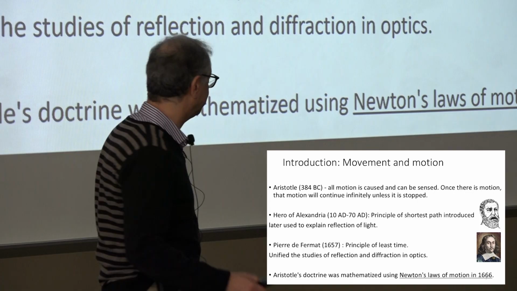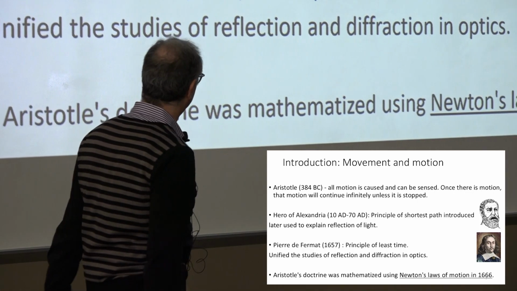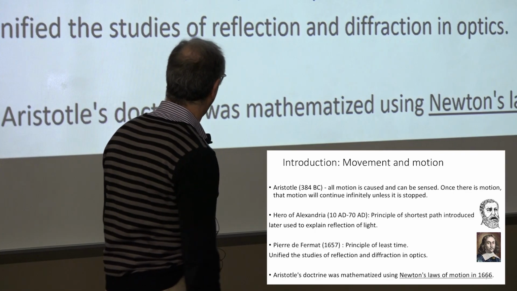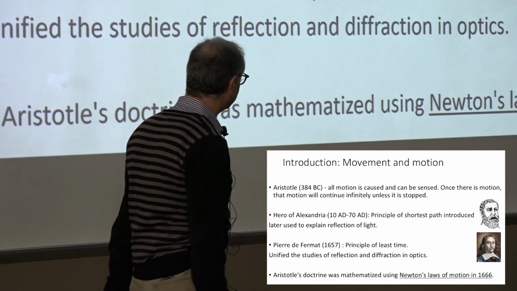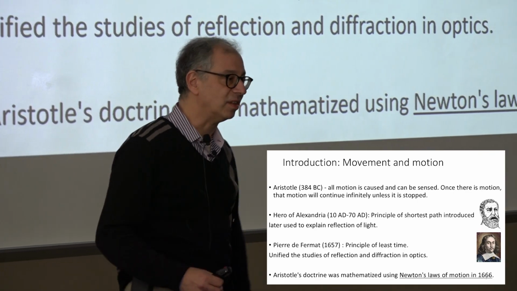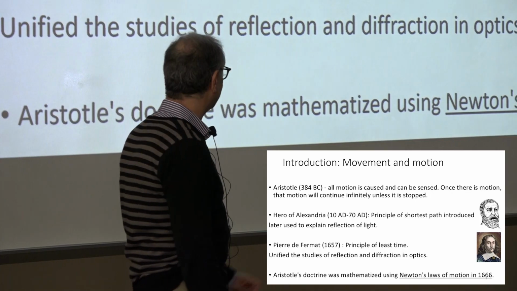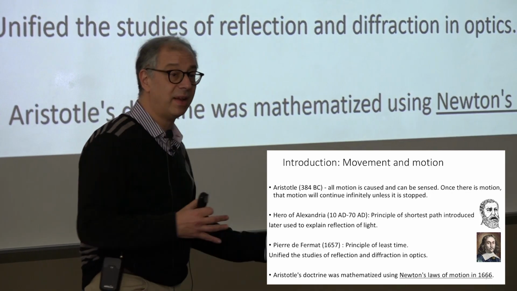It was an observation. The ideas of Hero of Alexandria were mathematized by Pierre de Fermat, who figured out that it is actually the concept of least time. In fact, it's the travel time that is minimized. And he was able to do that by unifying the studies of diffraction and reflection for the first time.